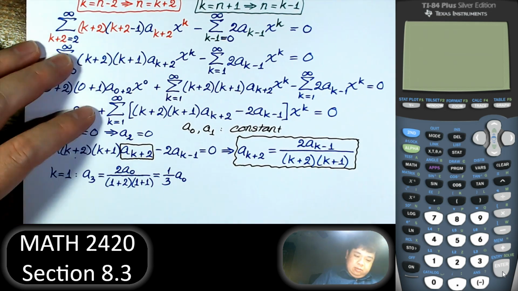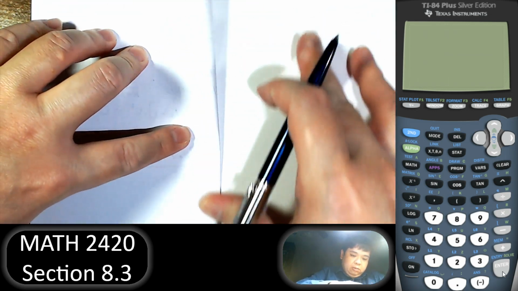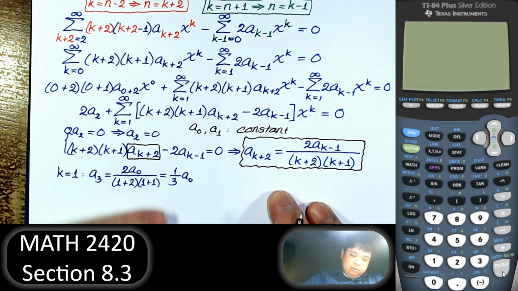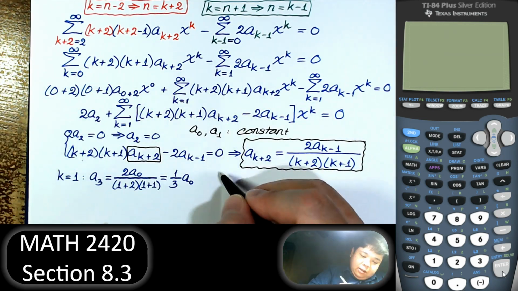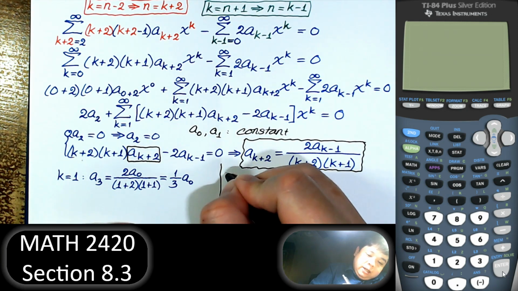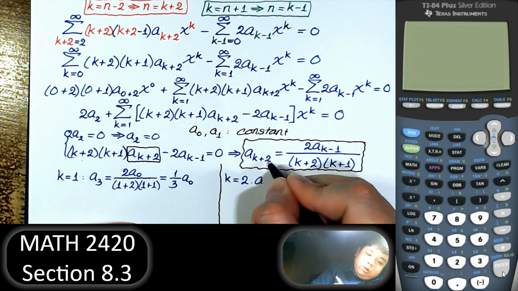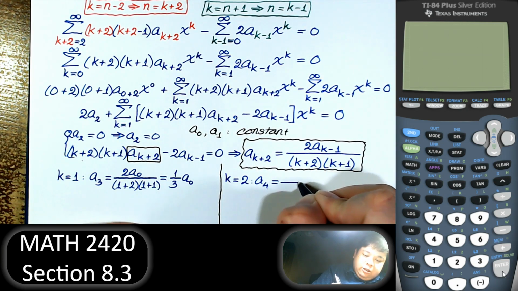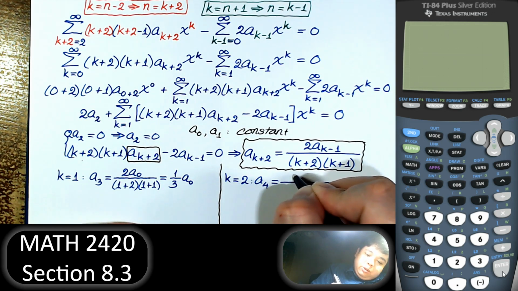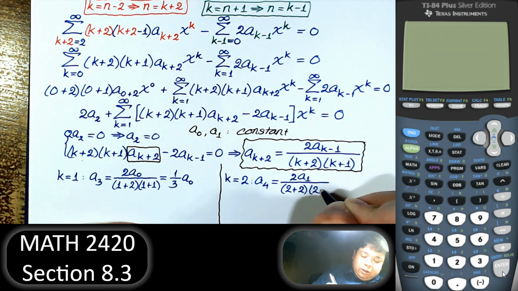Next. K equal to 2. We have a of 2 plus 2, a4, which will be 2 times 2 minus 1, a1, over 2 plus 2, 2 plus 1.